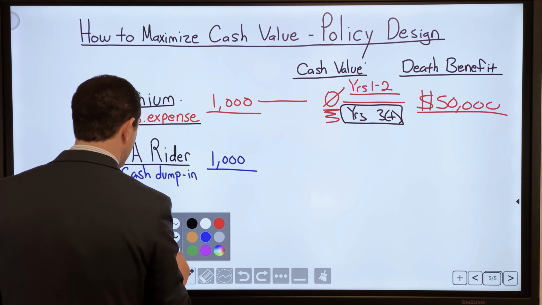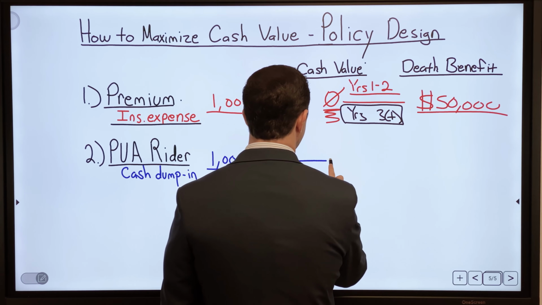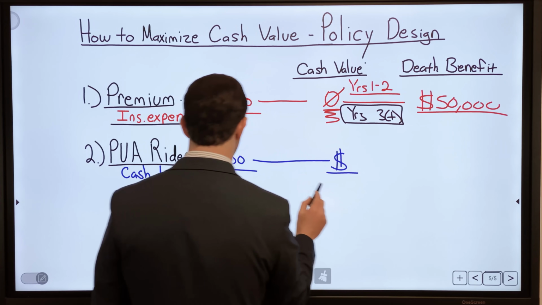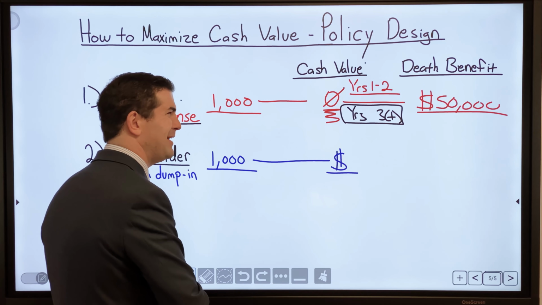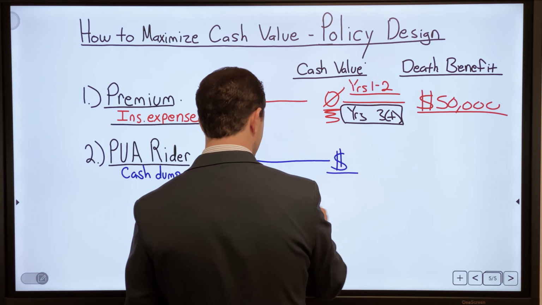Now, dollars that I pay towards the PUA rider, the cash dumping component, I pay $1,000 in and I see just about all of that $1,000 show up. Some companies, it's all of it. Some it might be $980. Some companies have fees and such upfront for their PUA riders.